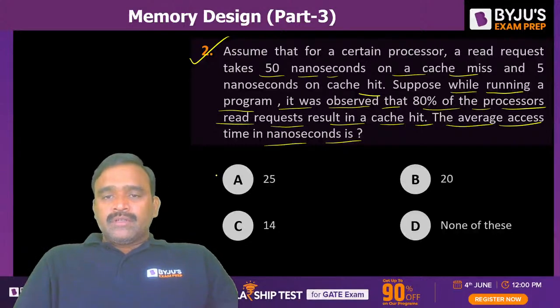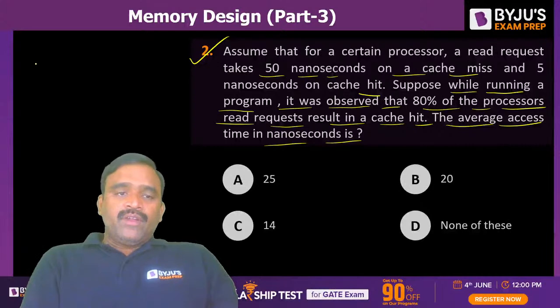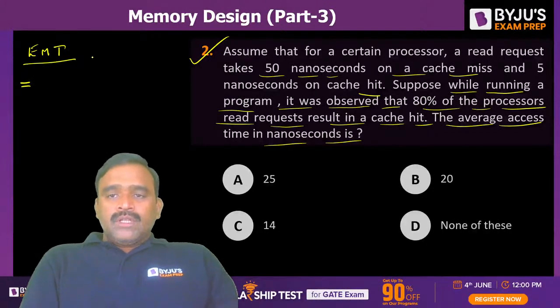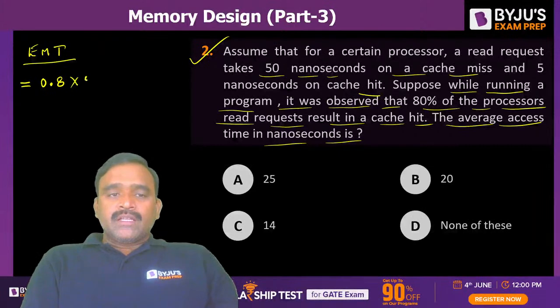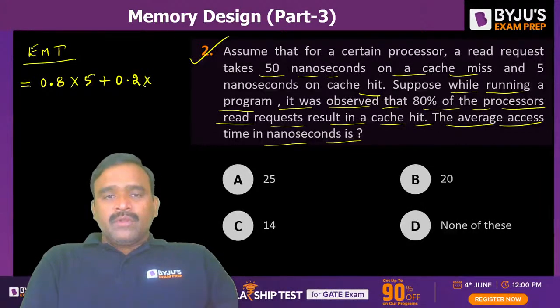80% of the processor read requests resulted in a cache hit. So 80% of the time it's a hit and 20% of the time it is a miss. So the effective memory access time is equal to 80% of the time, 5 nanoseconds for a cache hit, and 20% of the time a cache miss, that is 50 nanoseconds.